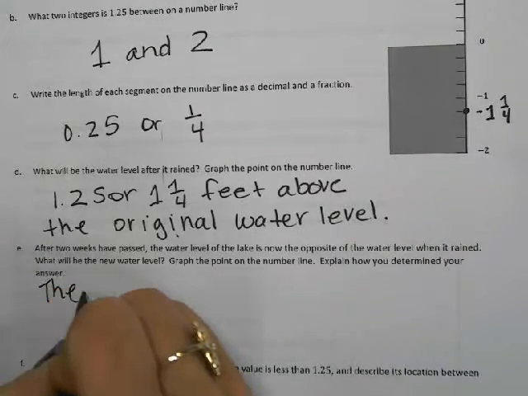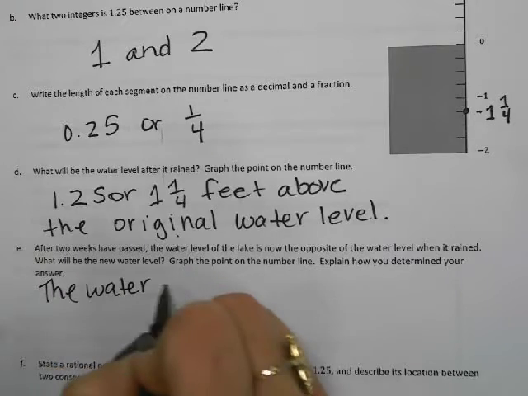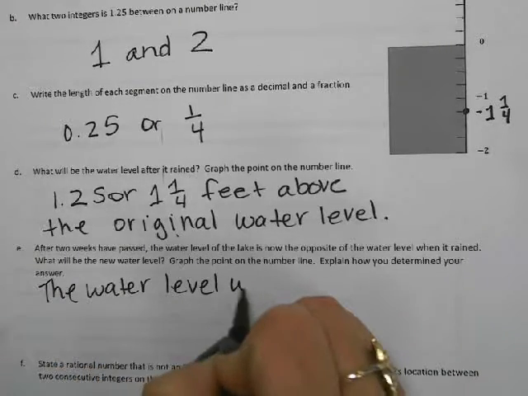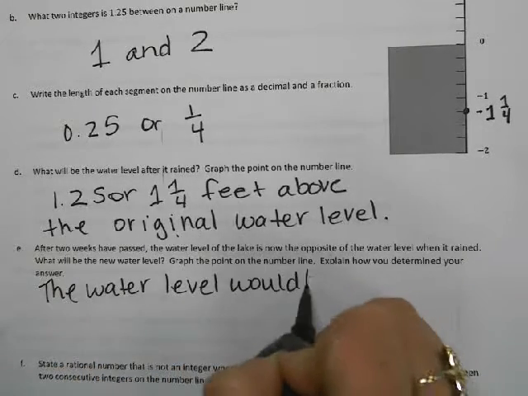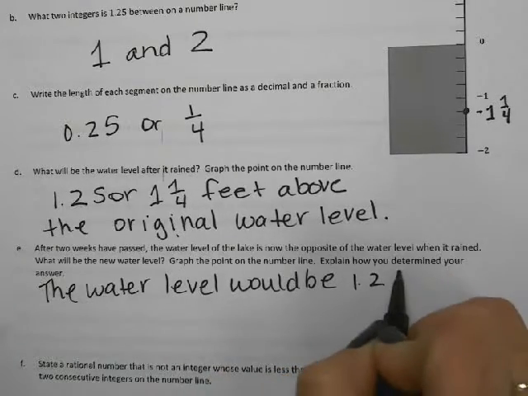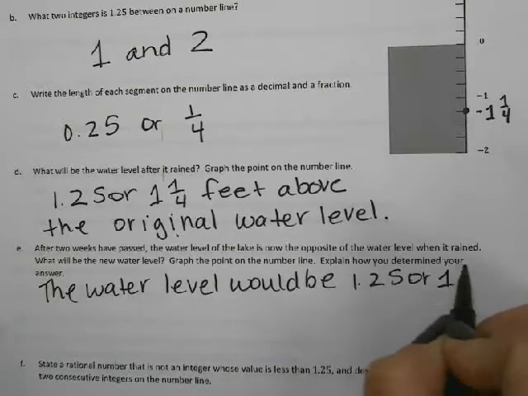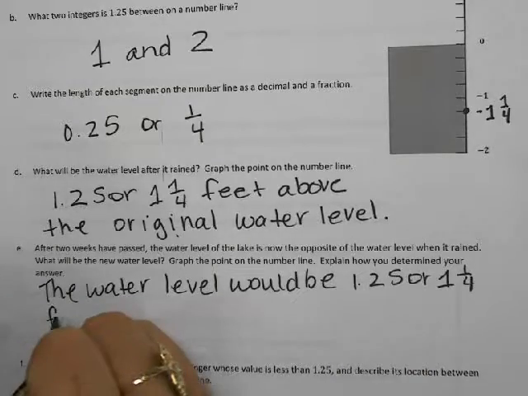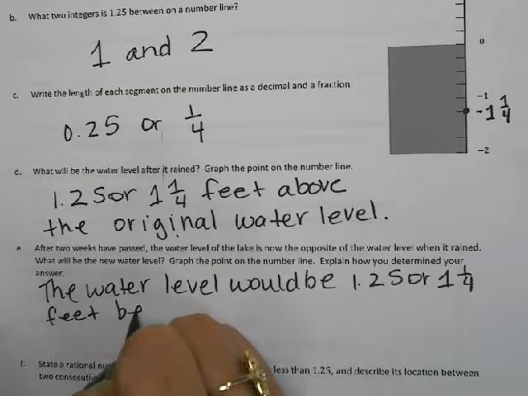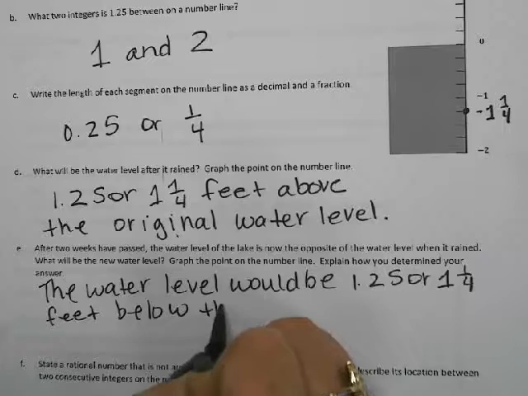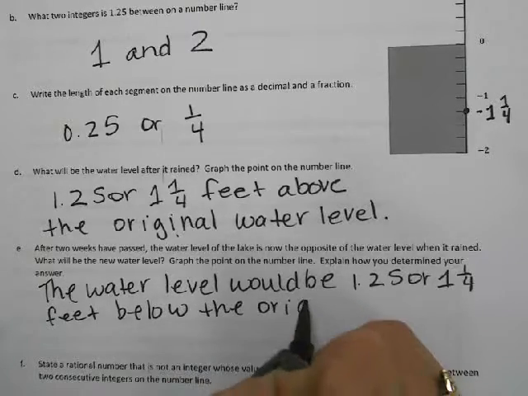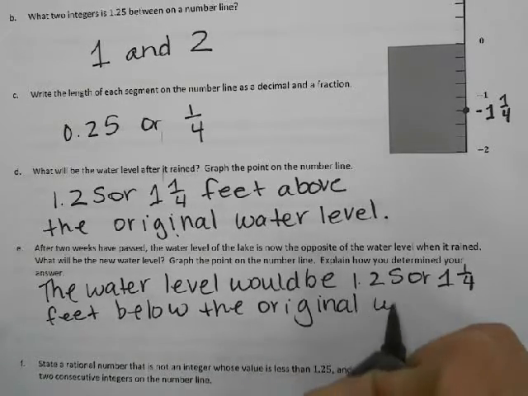And we would say the water level would be 1 25 hundredths, or 1 1/4 feet below the original water level.